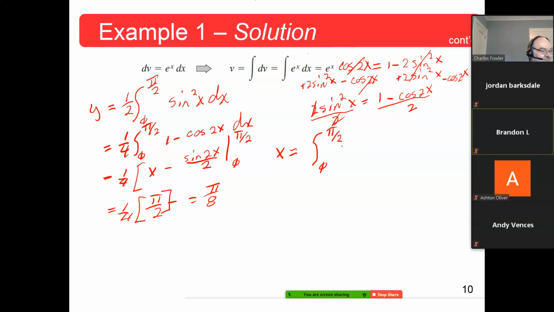Now this time, it's your distance from the y-axis times that centroid that we were talking about. So this is going to be x times sine x dx.